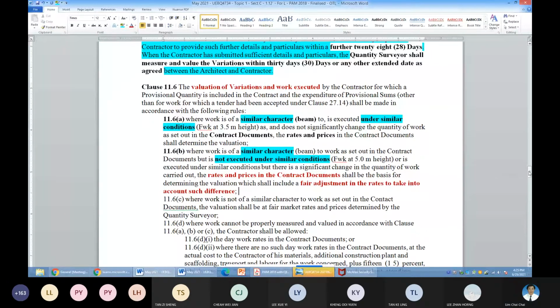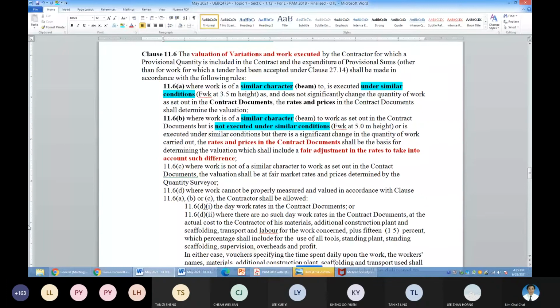11.6c, works not of similar character. It means a different type of work and different condition. Then how to value the new rates? It will be at fair market price or rates, to be calculated or determined by the QS.